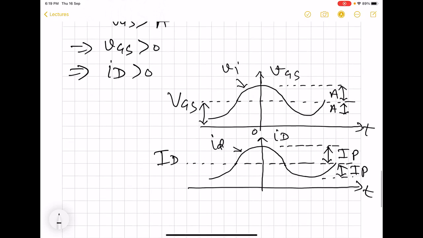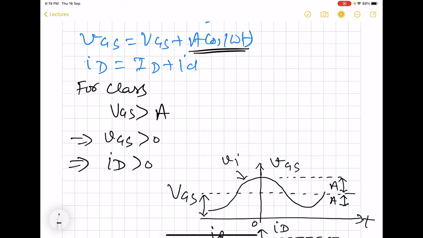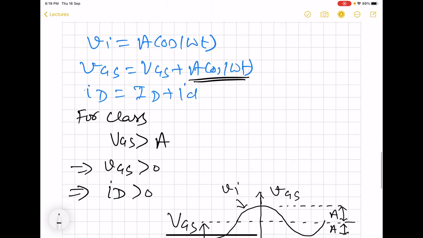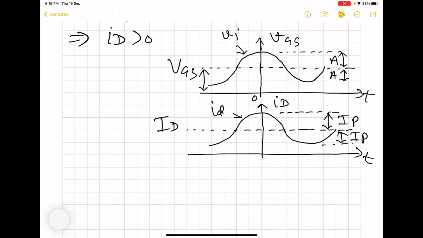Now it is this time varying drain current which flows through the resistor to give rise to output voltage. So this VGS is, sorry, not this one. The output voltage or the total drain voltage is going to be equal to VDD, we have already seen from the DC equivalent circuit, plus the output.